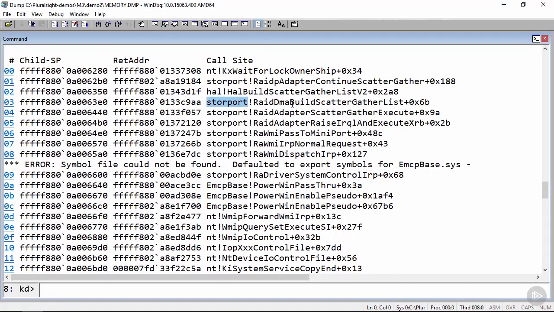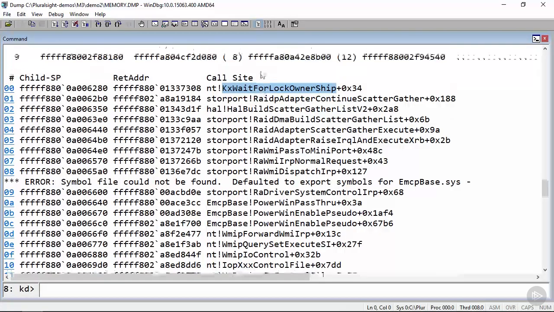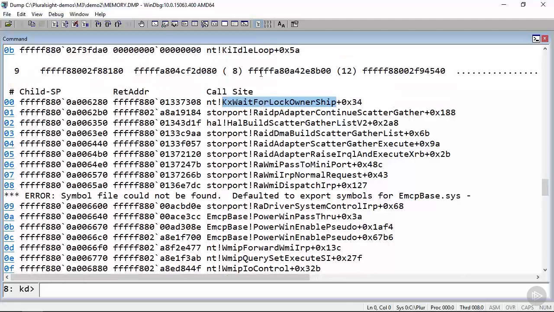You can see it's trying to build some sort of DMA scatter gather list, and then ultimately storport was stalled, waiting for lock ownership once again. So now we've got CPU 8 and CPU 9 that are both waiting for some sort of lock ownership.